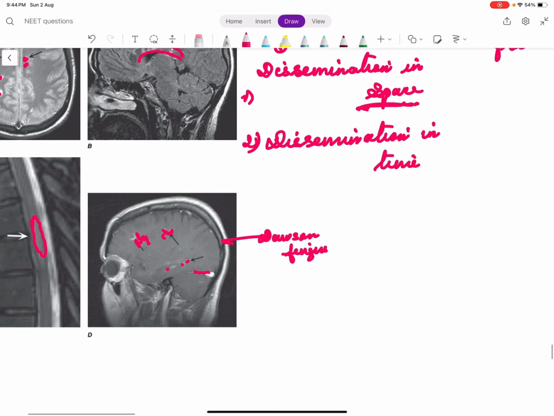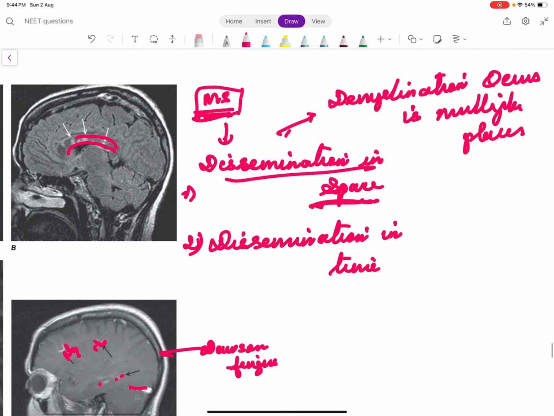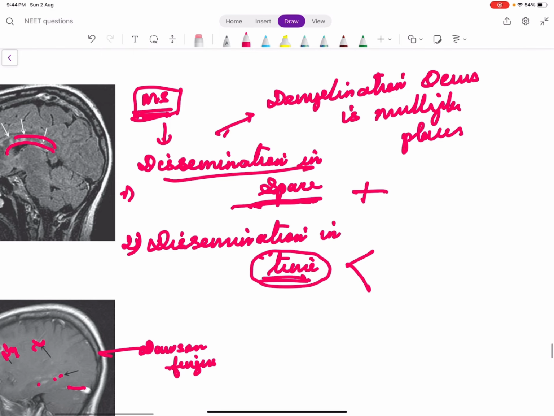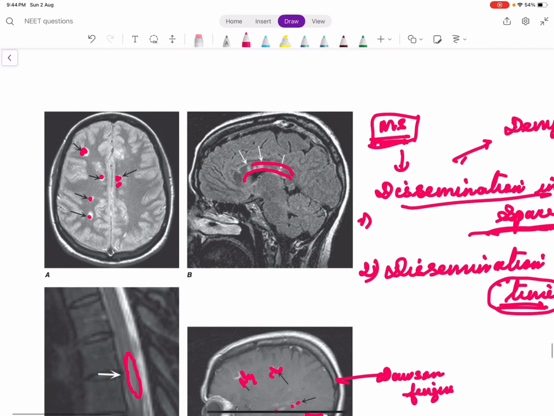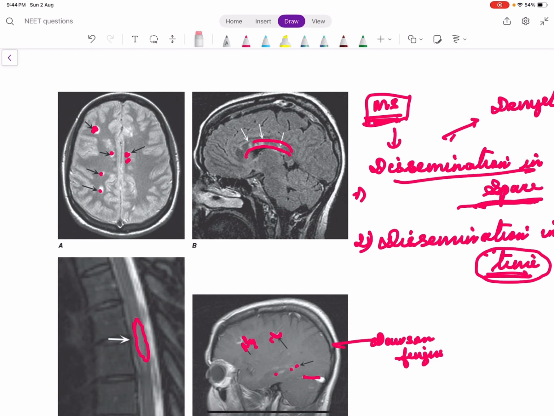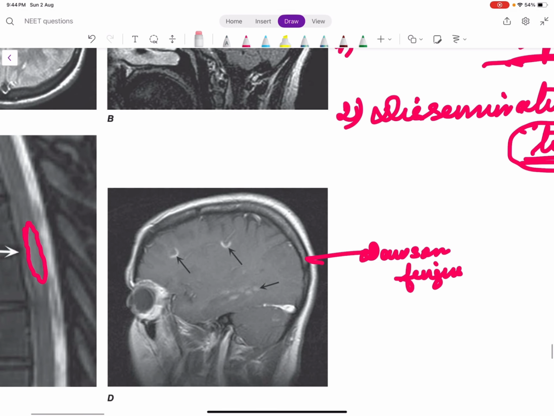So in this MRI, there is dissemination in space. That is, demyelination occurs in multiple places. Plus, there should be dissemination in time. Time means the lesions must be of different time. That is, some lesions must be old, some lesions must be new. If you look at the color, this and this are very whitish.